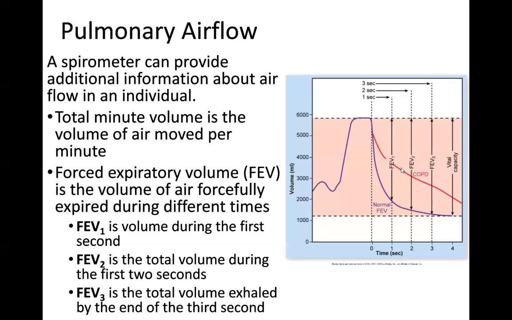But somebody with chronic obstructive pulmonary disease, COPD for short, look at the amount of air that they are able to exhale after 1 second compared to somebody that has a normal FEV value. Even after 2 and 3 seconds, they are still not blowing off nearly as much air as the person with a normal airway did after 1 second. So it's almost like they're blowing all the air out through a straw, whereas somebody else is blowing the air out of their full big mouth and their full big airways.